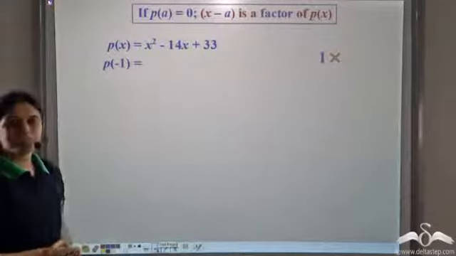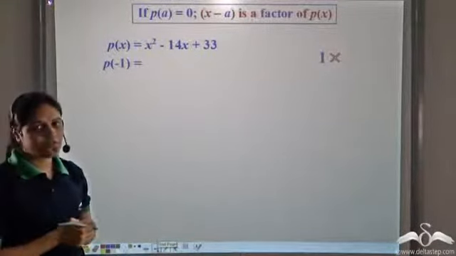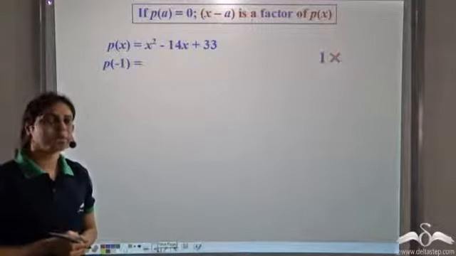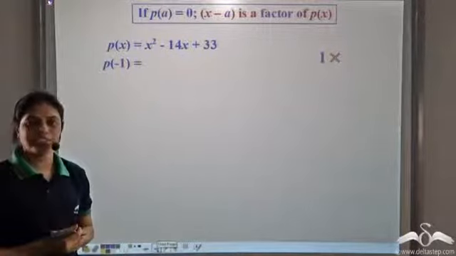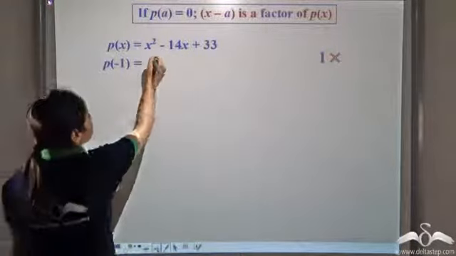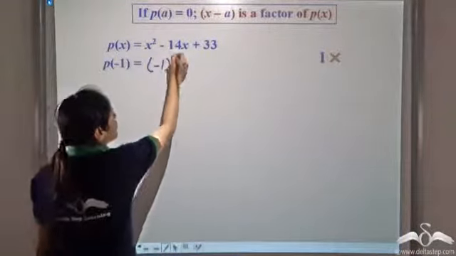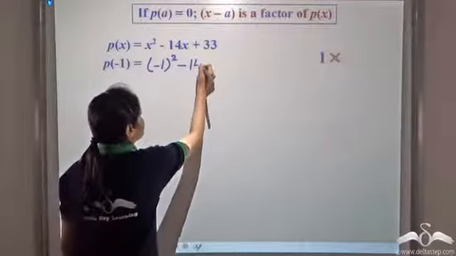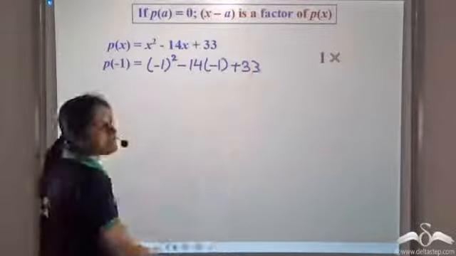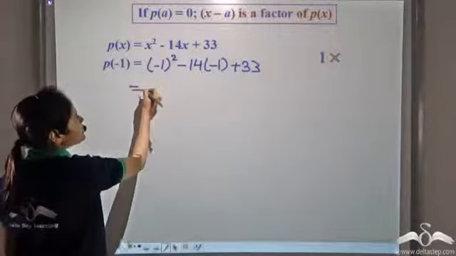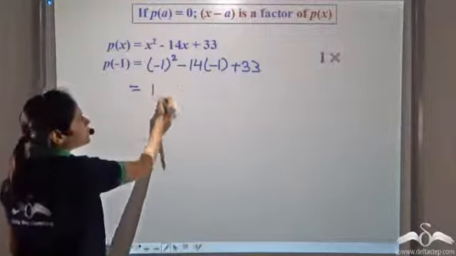So we check for negative 1 now. We have already checked for 1 and seen that x minus 1 is not a factor of p(x). Now we'll check for negative 1. So substitute negative 1 in place of x. This is what we have. Let us simplify this. Negative 1 square is 1.